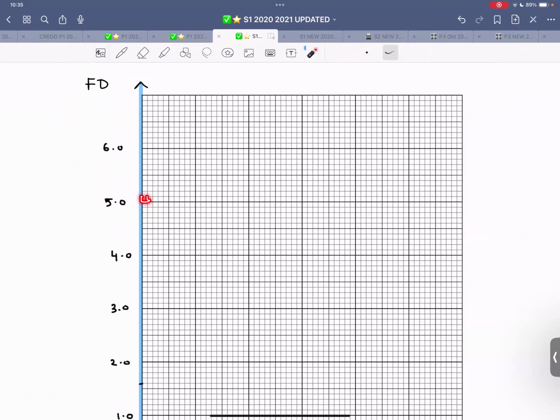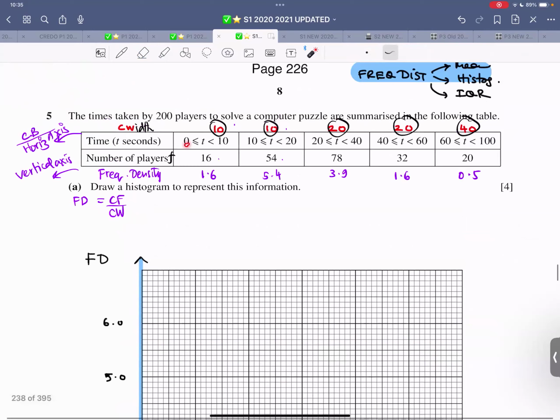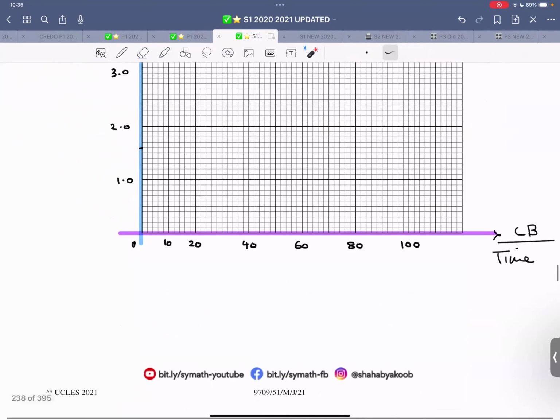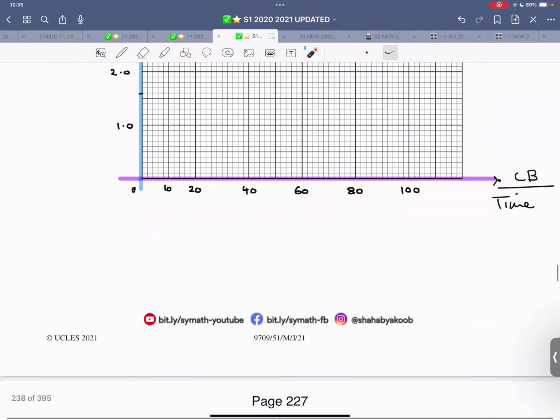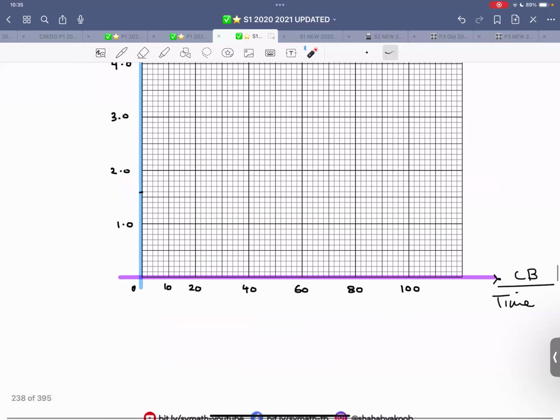One small box on the vertical axis is 0.1 unit. On the horizontal axis, we have to start from 0 all the way till 100. So this is 0, this is 10, 20, 30, 40, all the way till 100. So over here, one small square is like 2 units. Okay, keep that in mind.